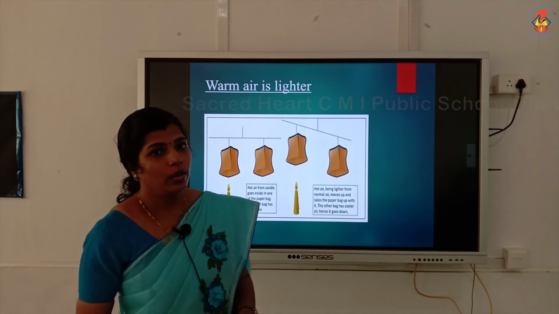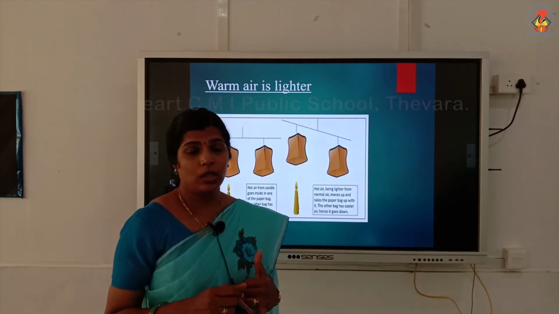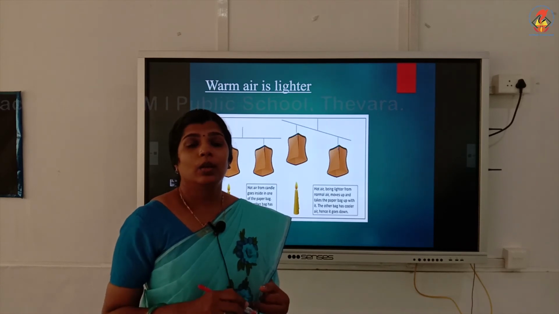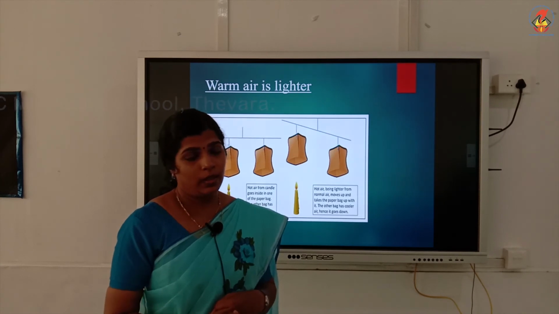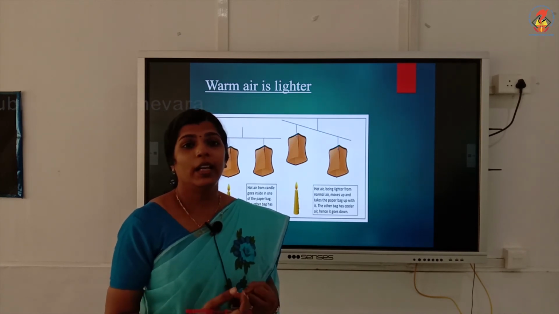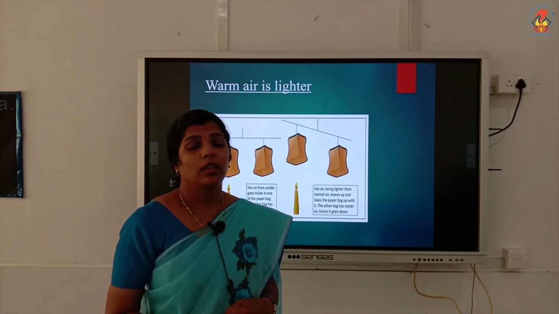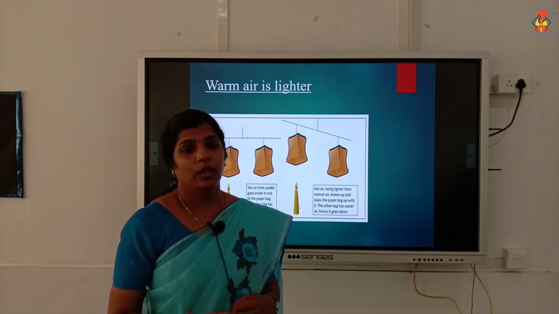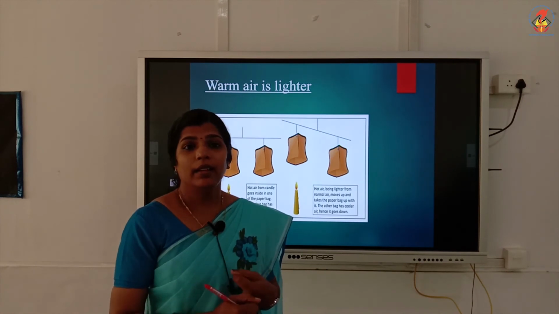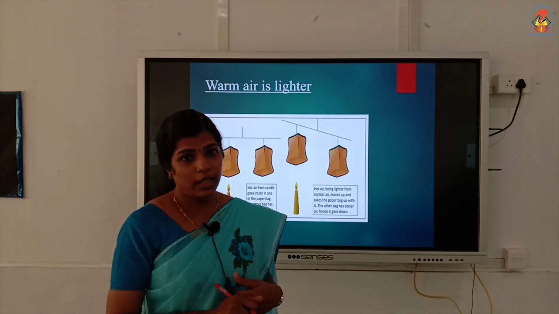So, we discussed that air exerts pressure, and increased wind speed is accompanied by reduced air pressure. That was stated by the mathematician Daniel Bernoulli, and is known as Bernoulli's theorem. Then, air expands on heating.